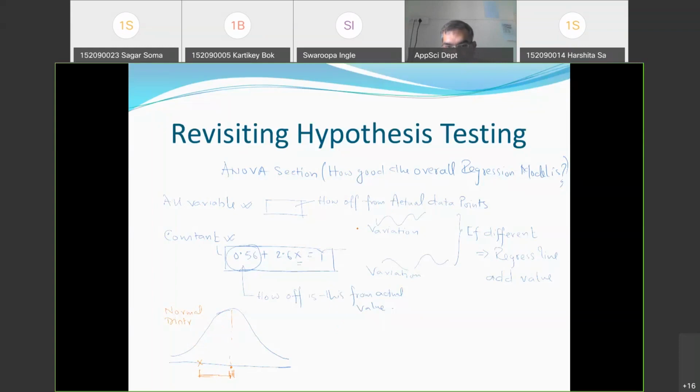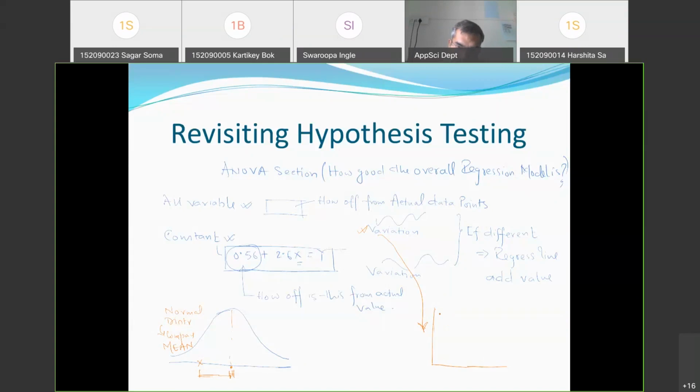Similarly, when we use variation and not the mean, here we are comparing the mean. Now here we are comparing variation. So for that, the F statistic fits this model.